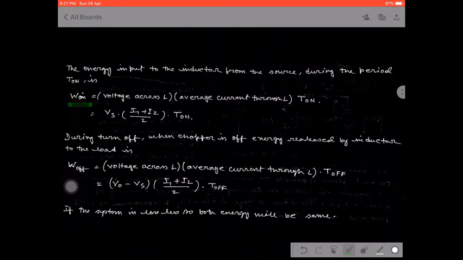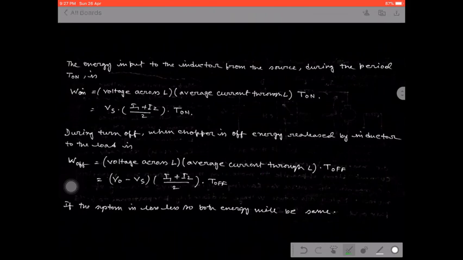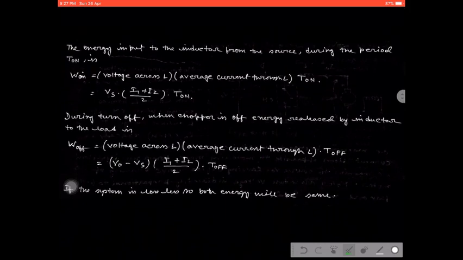In this case, when the switch was on, the source is connected to the inductor, so the total voltage appearing across the inductor is only Vs, with inductor average current (I1 plus I2) by 2 during time T1.